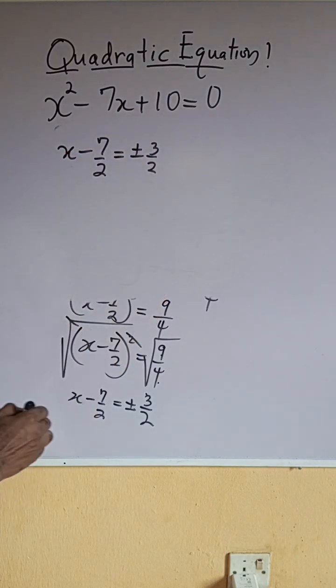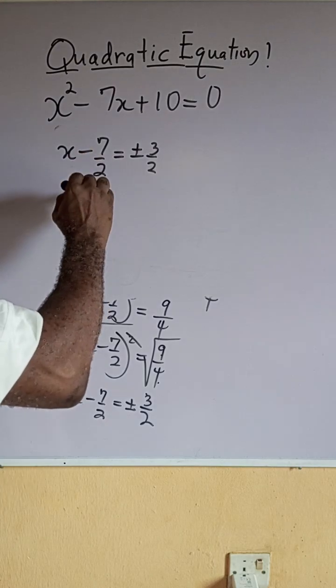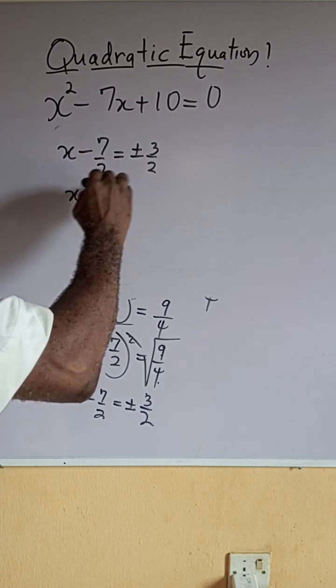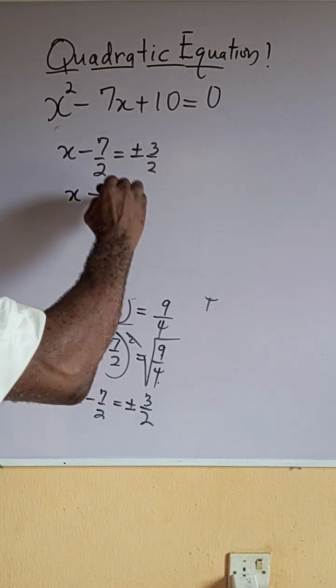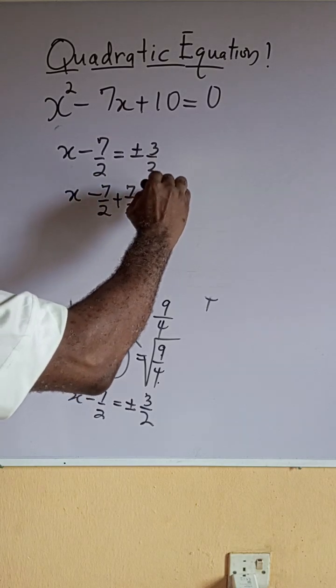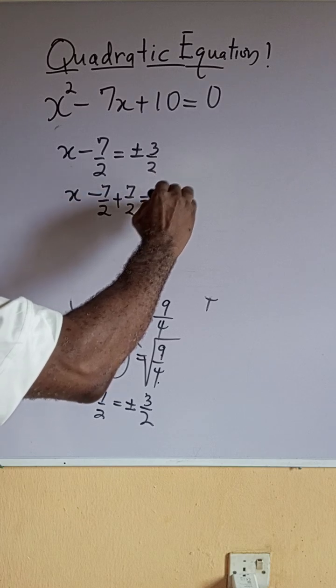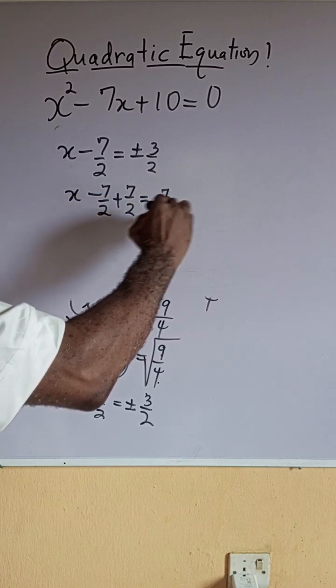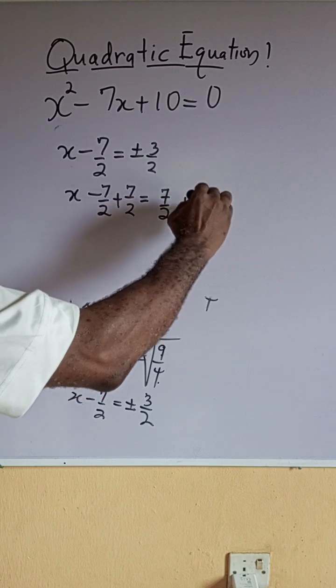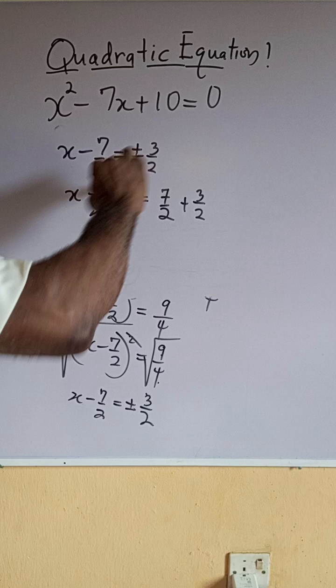Now, if I move minus 7 over 2 to the other side, we're going to have x minus 7 over 2 plus 7 over 2 equal to 7 over 2 here plus or minus 3 all over 2. All right, so that minus 7 over 2 takes care of plus 7 over 2.